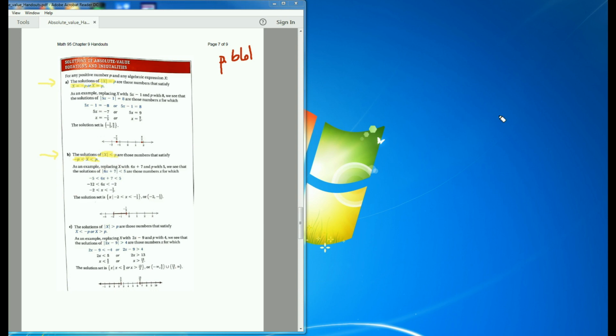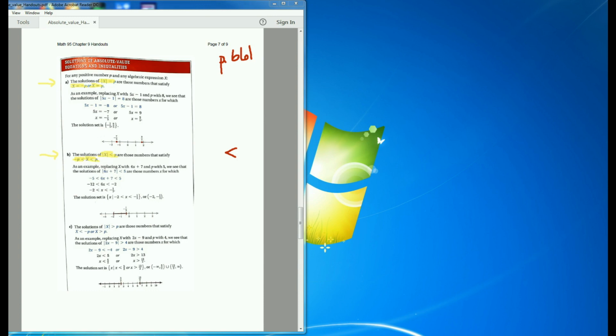So, you know, when you've got it going this way, that's the key, then you just take the number, you flop it over here, make it negative, repeat the sign. It's in between those two values.